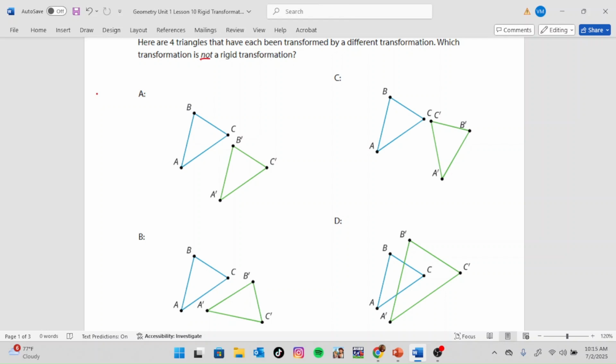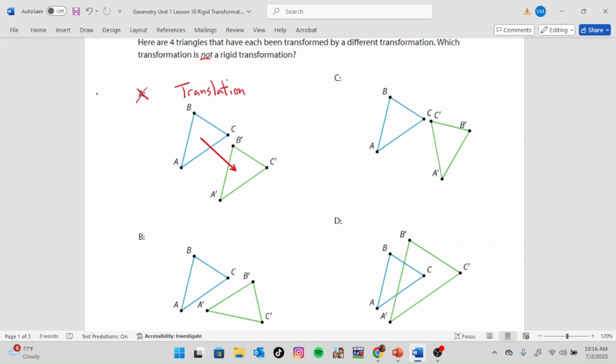Well, if you look at A, the blue triangle to the green triangle, what we did here was we simply translated it. We just shifted it down and to the right. So this is a translation. And a translation is a rigid transformation. So A is not the answer.